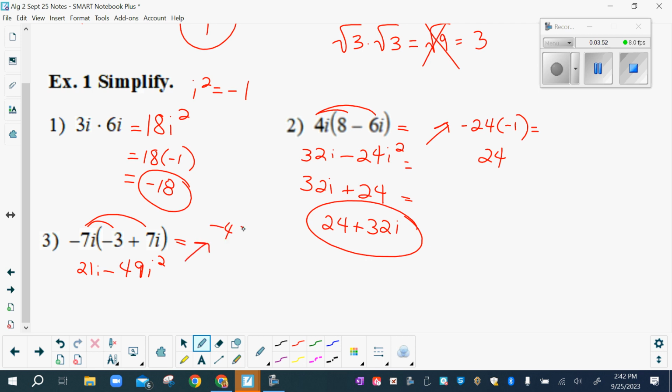So it's -49 times -1, which equals what? Positive 49. So we have 21i plus 49. We want to put it in standard form. So what would our answer be, Anais? That's right. Go ahead and do the Try, please.